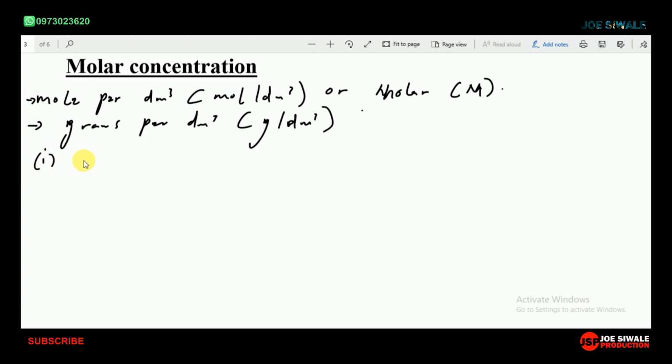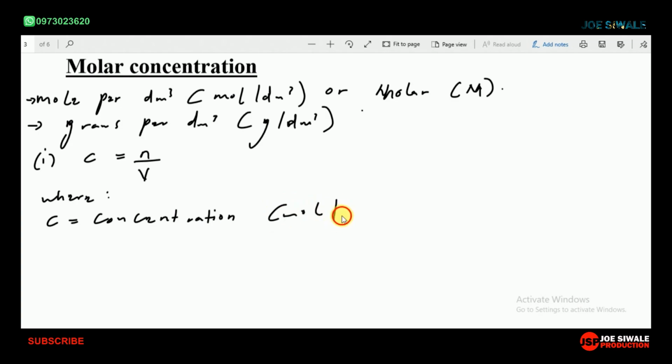The first one that we're going to look at is C is equal to n divided by V, where C represents the concentration of the solution, which is given as mole per cubic decimeters, and n represents the amount of solute, which is represented by mole.